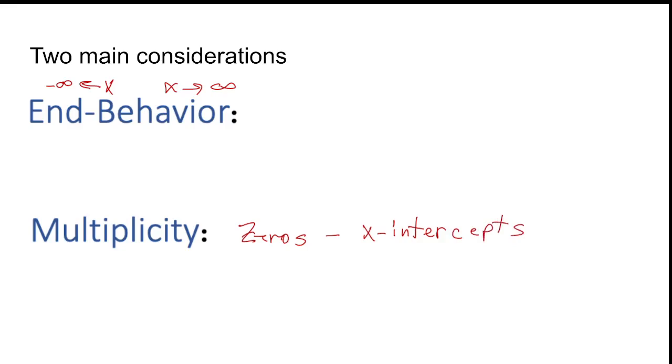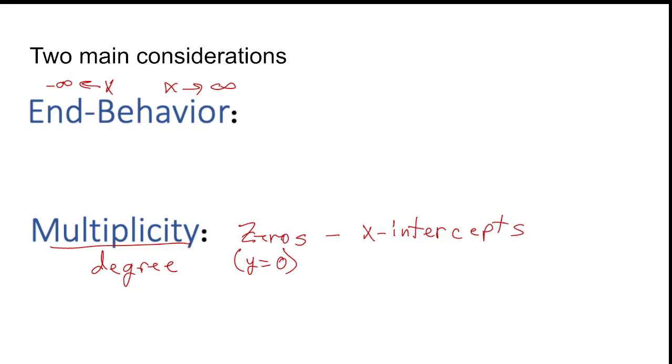So when we use the word zero, this is code for y equals 0, right? Because that's what an x-intercept is. It's a place where y equals 0. And what we're going to find is multiplicity refers to the power, the degree, not necessarily just of the polynomial itself.